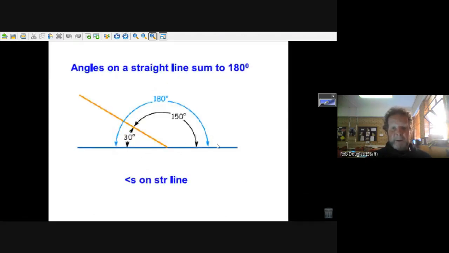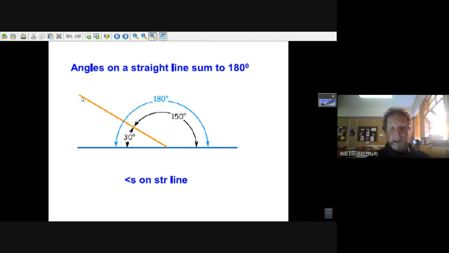The next one, this almost looks like a protractor right here, and there is really something to it. If you have a straight line, if you have two different angles, the angles always add up to 180 degrees. Here's an angle, a smaller angle, formed between this point and the straight line, and then this orange line here.